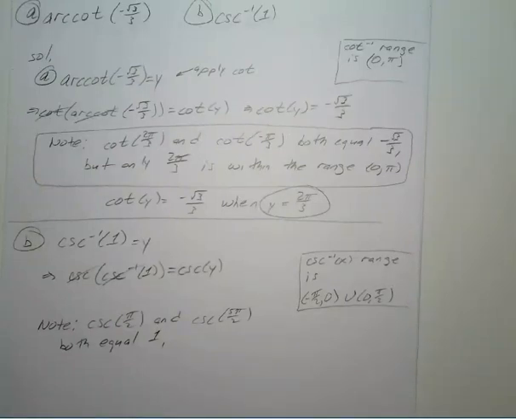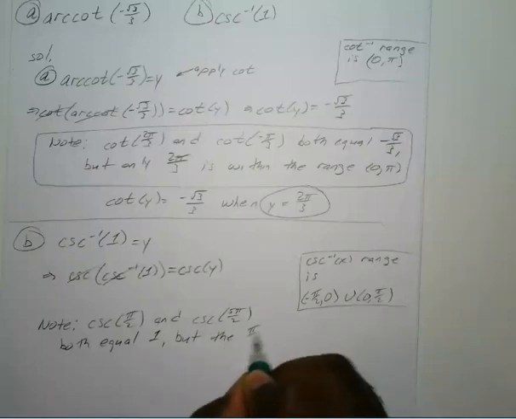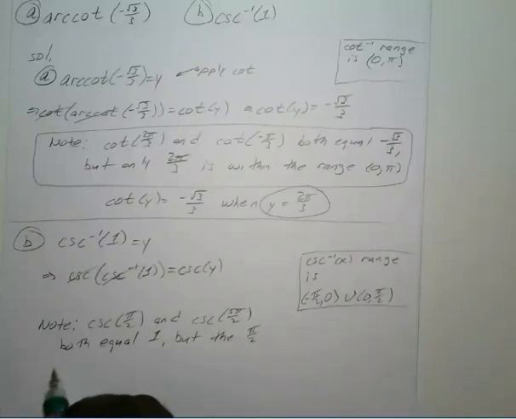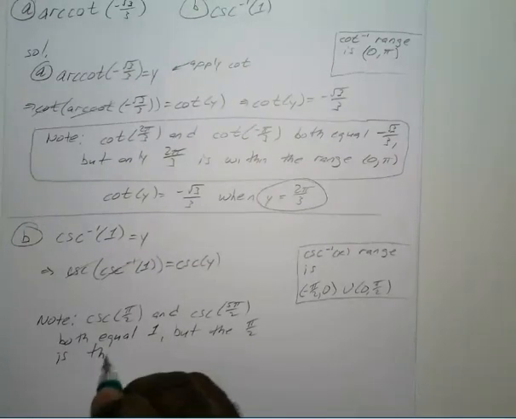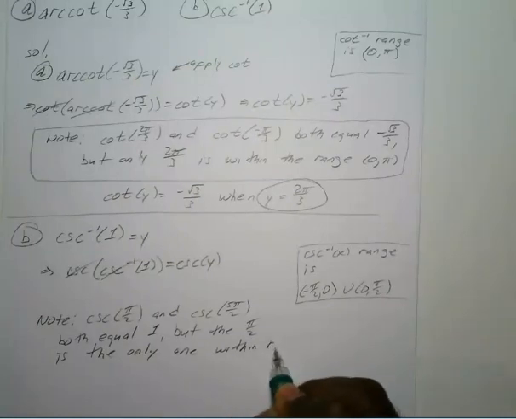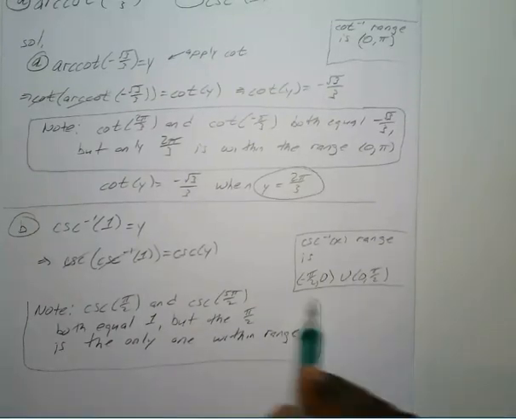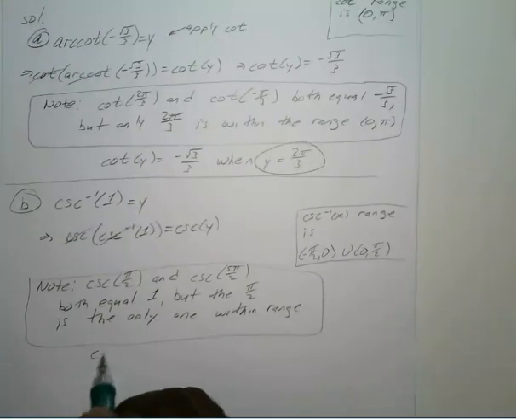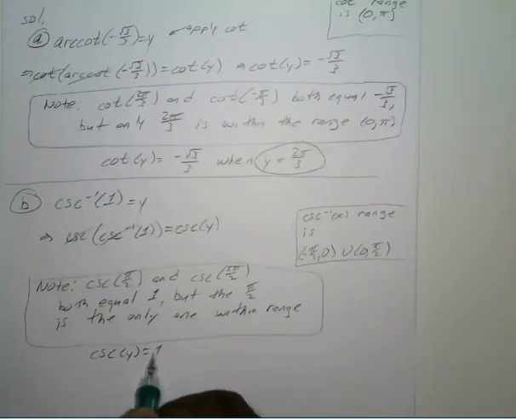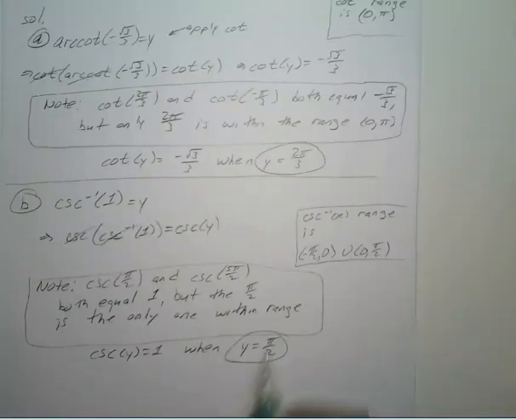The pi over 2 is the only one within range. So we know that cosecant of y equals 1 when y is equal to pi over 2.